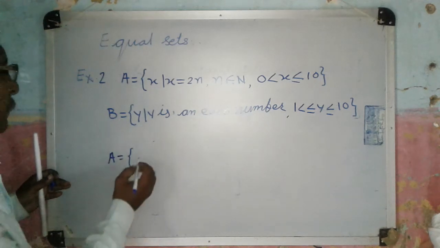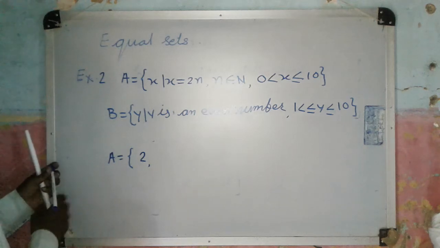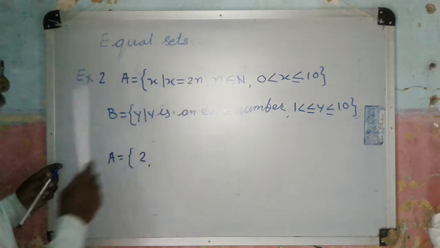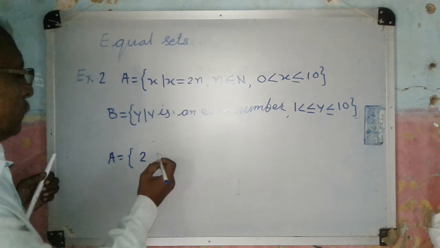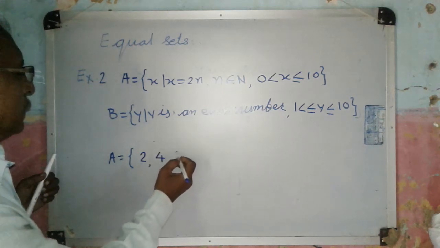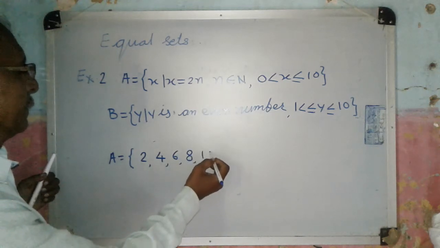So the first element will be 2. All elements are multiples of 2 here: 4, 6, 8, 10.